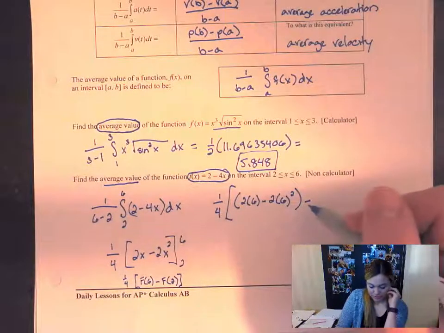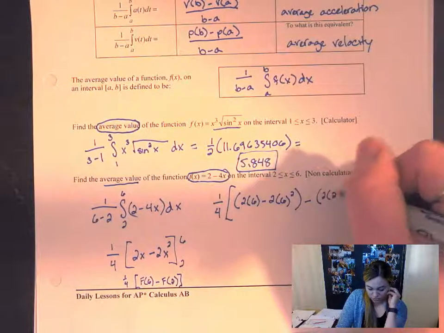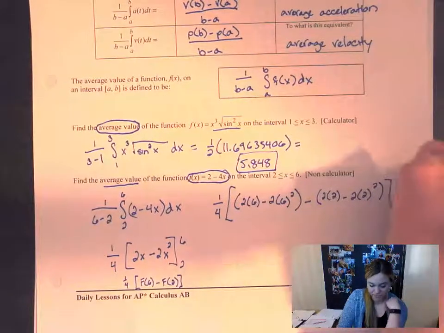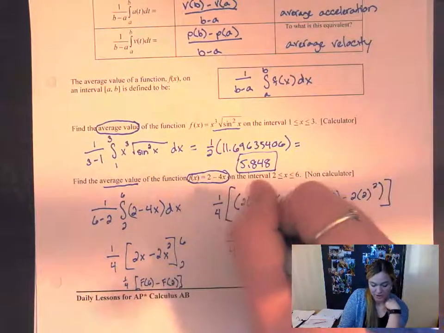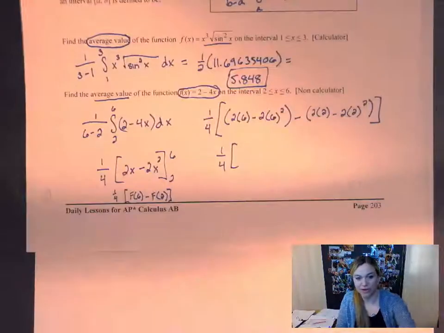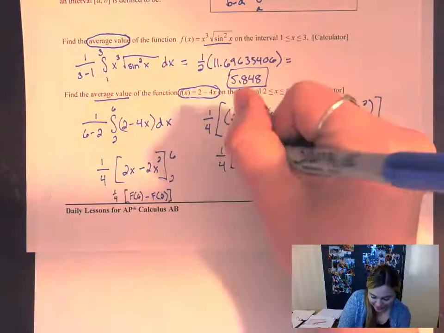And now I would have to put in 2, so 2 times 2 minus 2 times 2 squared. And here's where I just try not to mess anything up. There's a saying in my nerd group that calculus is easy, it's the algebra that's hard. This is where we've got to make sure we don't make any mistakes.